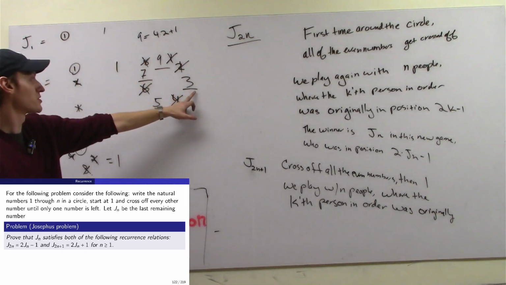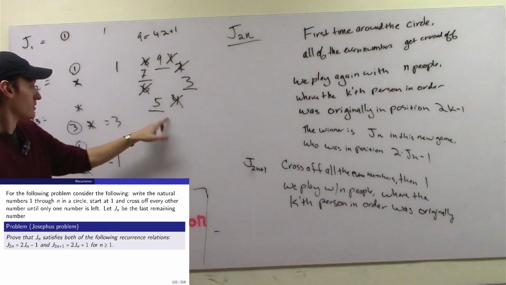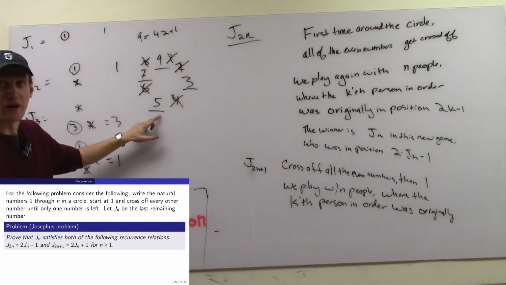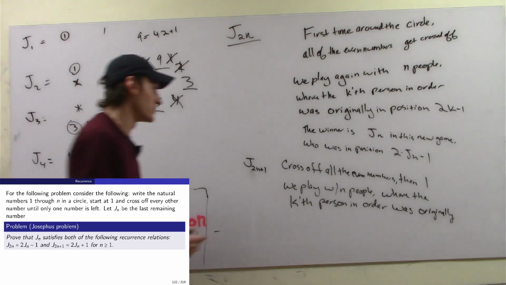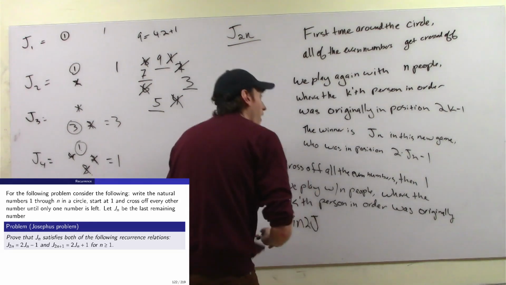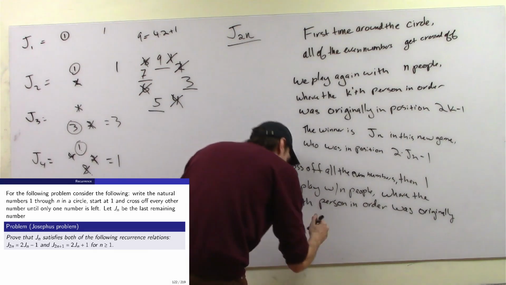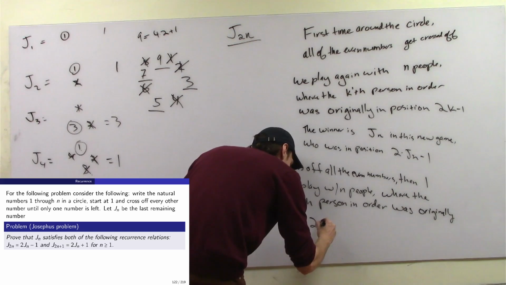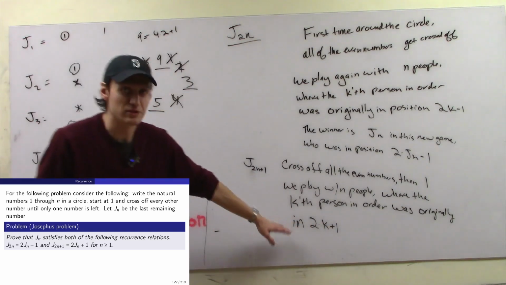In the new game it's position 1, and they were in 3. Second position was in 5, which is 2 more. Third position was in 7, which is 2 more. So if they are in position k, they were in position 2 times k plus 1. This is just a re-indexing thing.